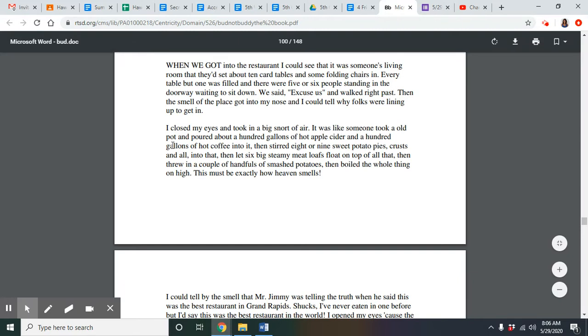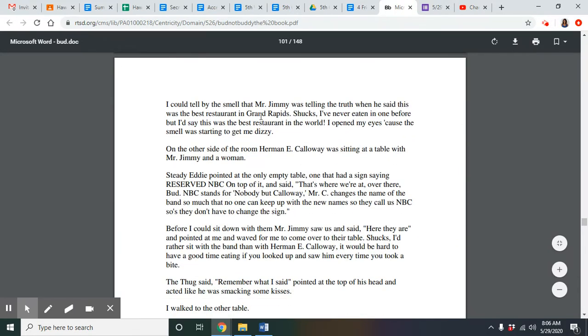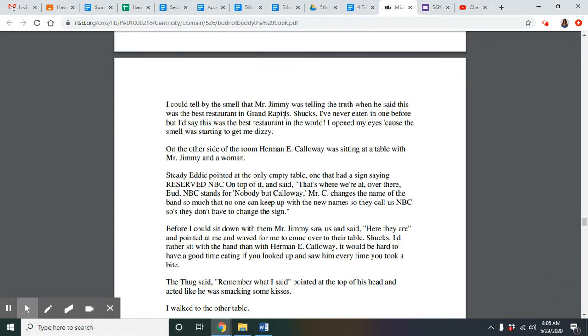It was like someone took an old pot and poured about 100 gallons of hot apple cider and 100 gallons of hot coffee into it, then stirred 8 or 9 sweet potato pies, crust and all, into that, then let 6 big steamy meatloafs float on top of all that, then threw in a couple of handfuls of smashed potatoes, then boiled the whole thing on high. This must be exactly how heaven feels. I could tell by the smell that Mr. Jimmy was telling the truth when he said this was the best restaurant in Grand Rapids. Shucks, I've never eaten in one before, but I say this was the best restaurant in the world. I opened my eyes because the smell was starting to get me dizzy.